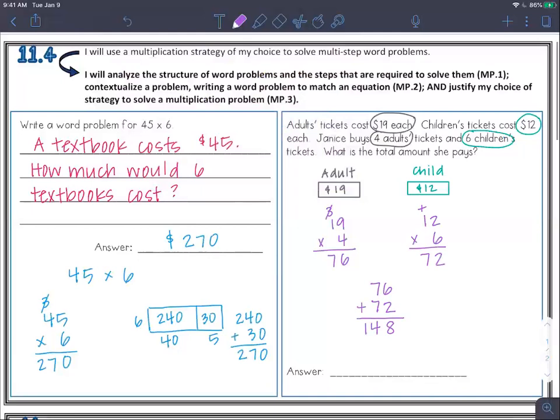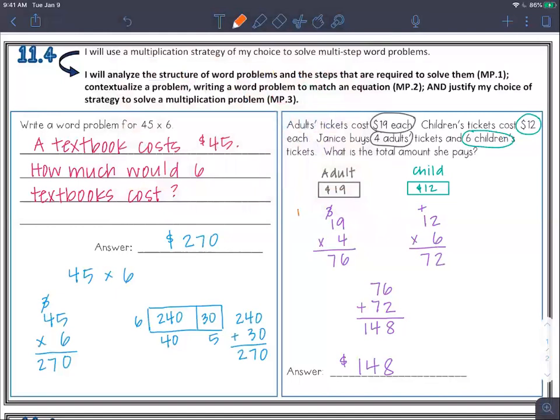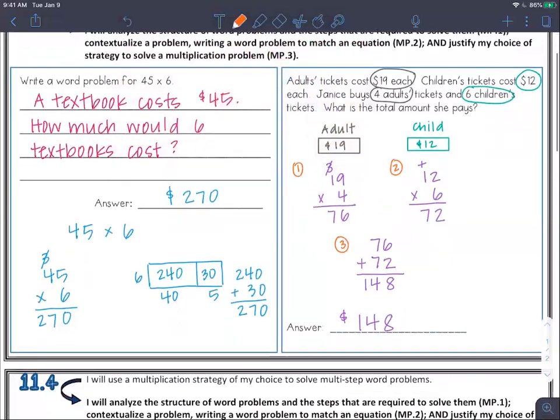So all together, it would cost $148, right? So you can even think of it as 3 steps. I had to figure out the price of the adult tickets, then the children's tickets, and then add them together, right? So my step 1 was here, step 2 was here, step 3 was here. Right?